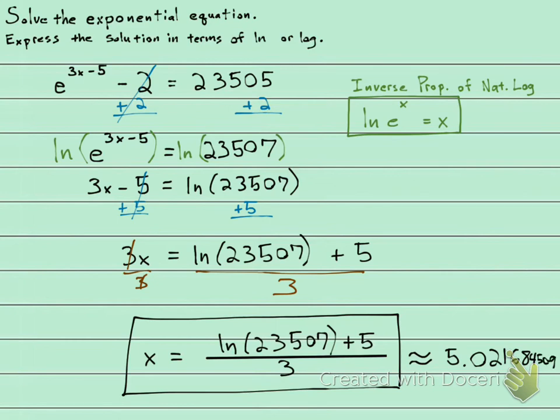I'm going to get 5.021684509. Okay, that looks like a number that goes on and on. Now I know they're not going to want me to put all of those digits, so I look back at the problem and it says to round to 2 decimal places. So 1, 2, here's my second decimal place right here, is the 2. I look to the right.